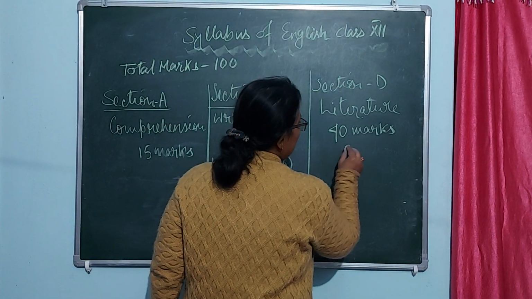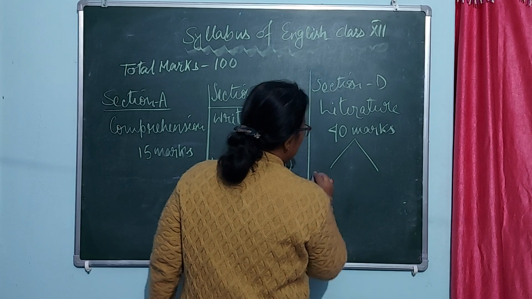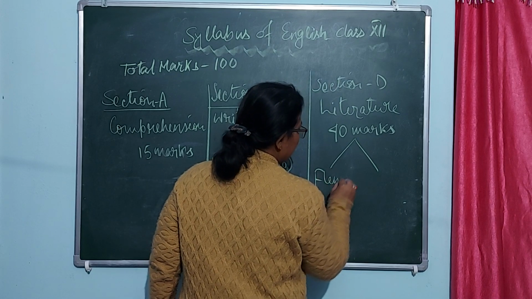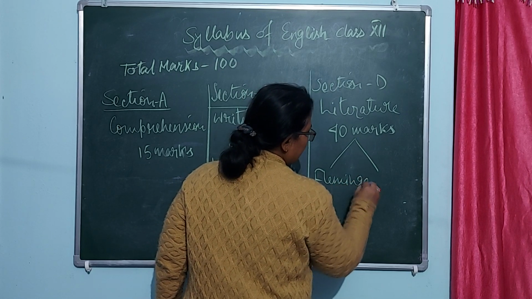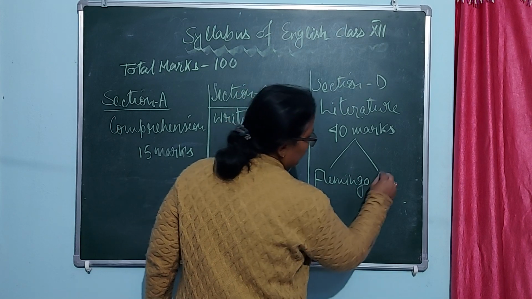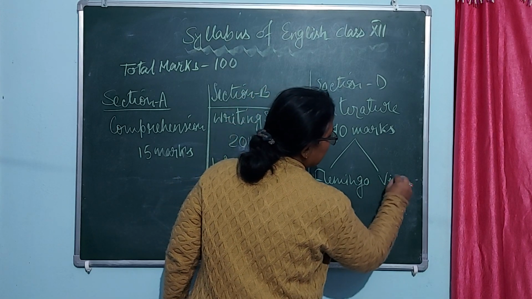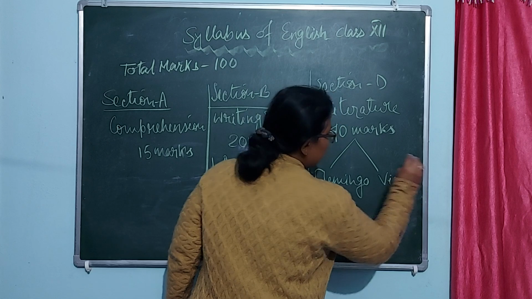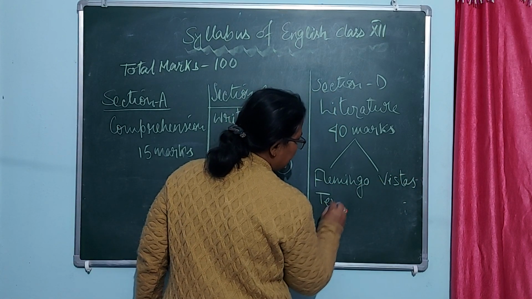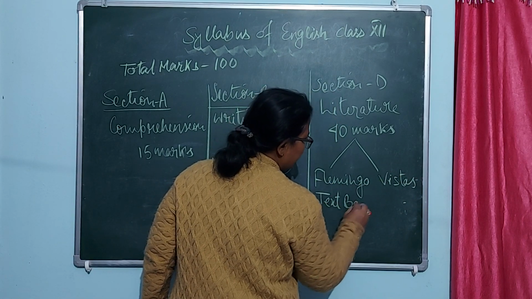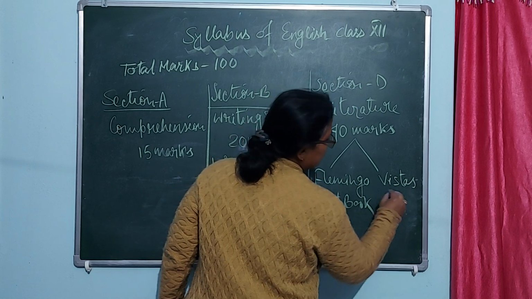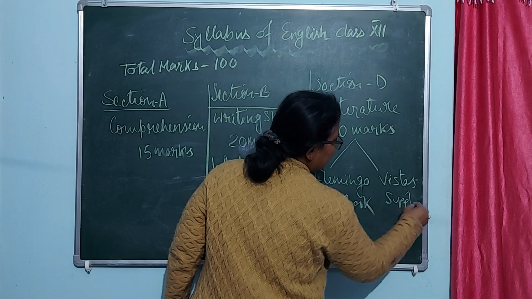These 40 marks are divided into Flamingo and Vistas. Flamingo is the textbook and Vistas is supplementary.